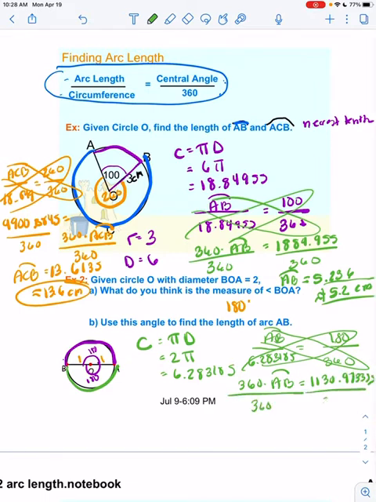Divide by 360. And exactly what we thought happened. We got approximately 3.1415. They don't tell us what to round to, so we'll just say 3.14 units.